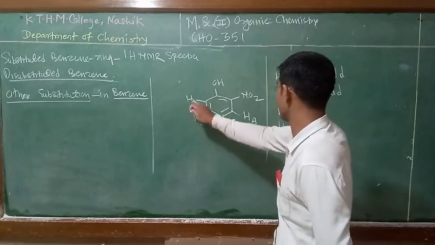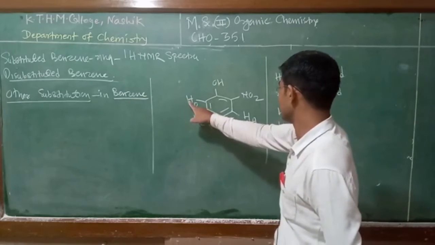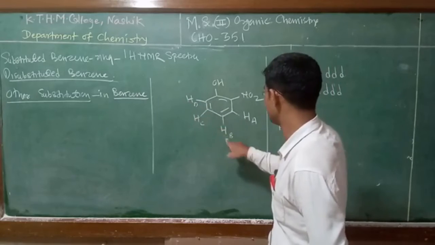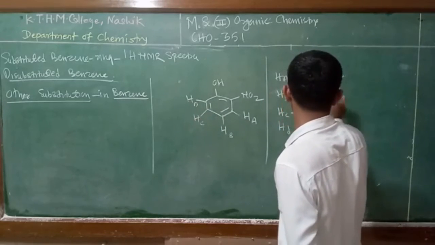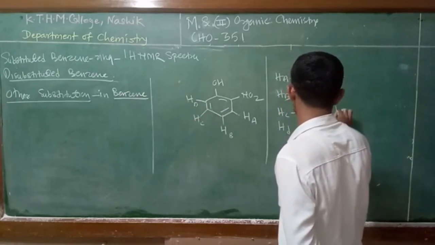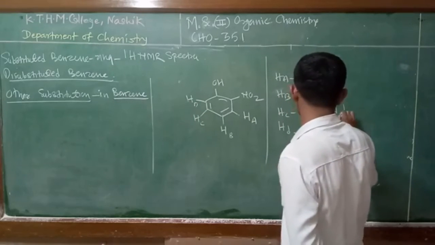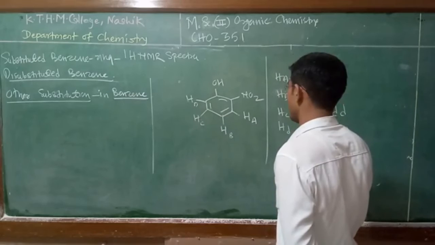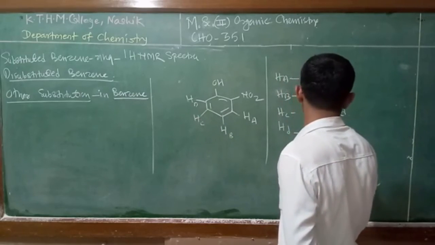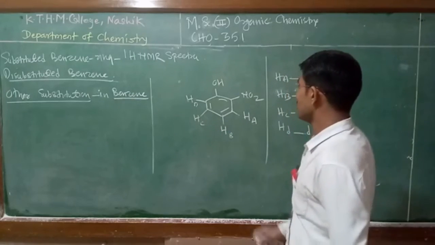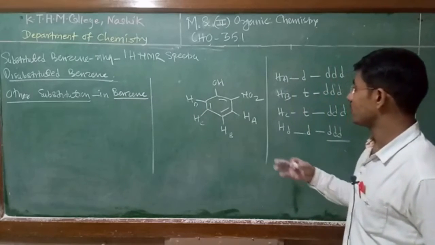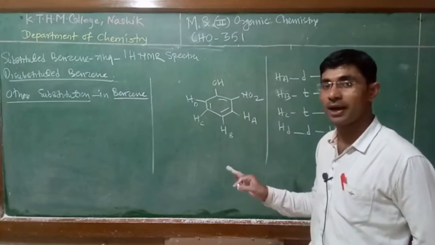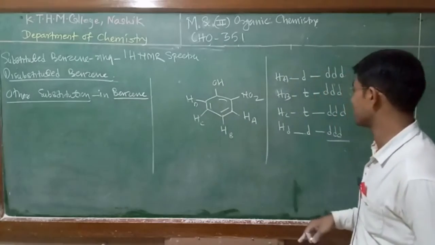Again for Hc we can write the same way, when Hc is coupled with Hd and Hb with different coupling constants, a doublet of doublet of doublets. And for Hd we can write a doublet of doublet of doublets. So we consider both ortho, meta and para coupling, and then we write the signals like this.